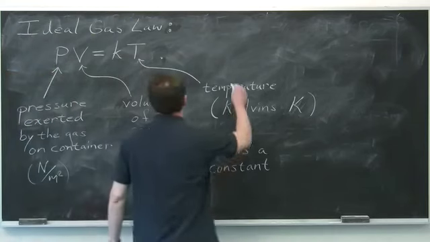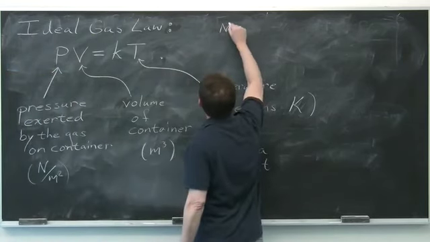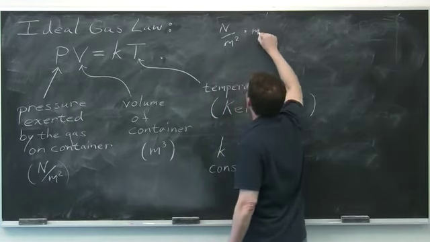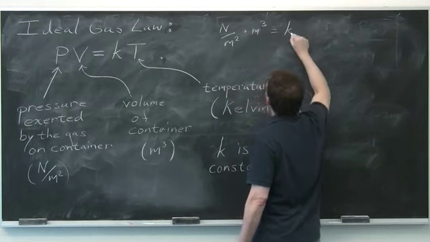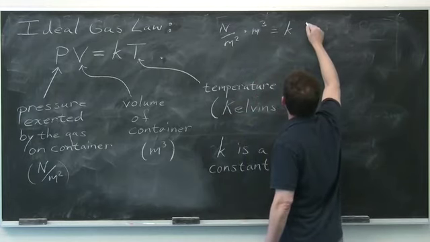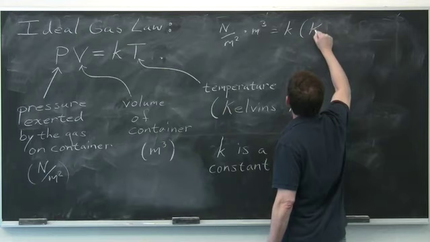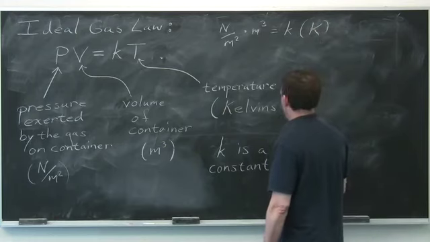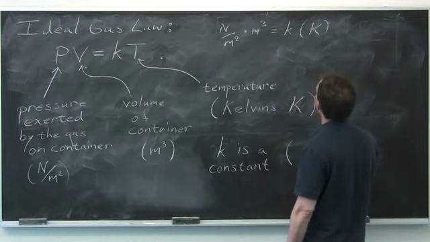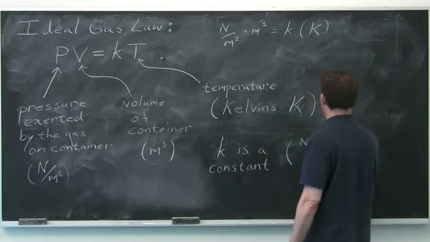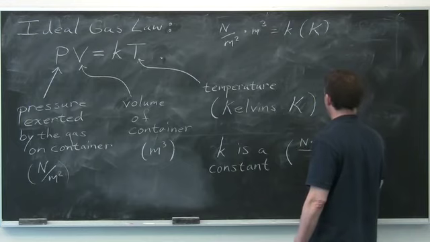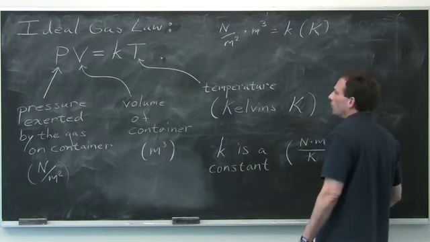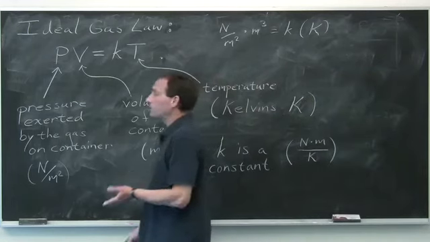So if we've got newtons per square meter times cubic meters equals K times something that's measured in kelvins, that's a little k, there's a capital K, then the units on K would need to be newton meters, so newtons times meters divided by kelvins. All right.